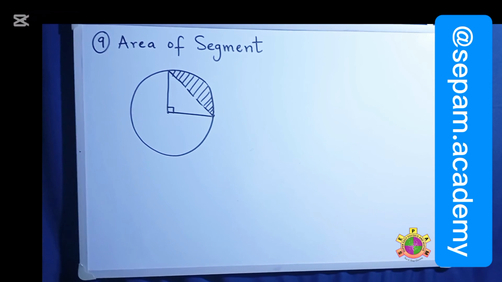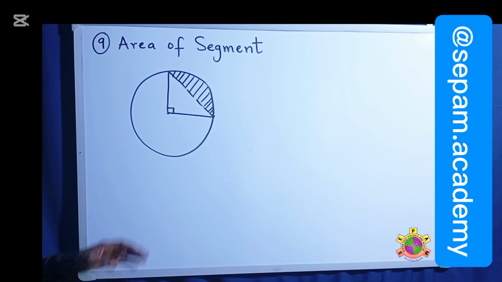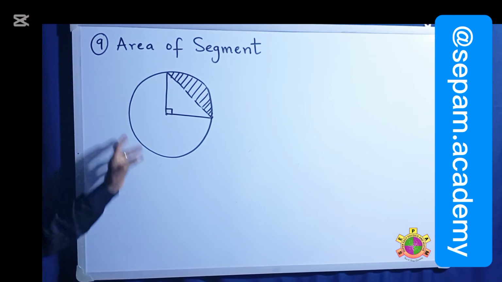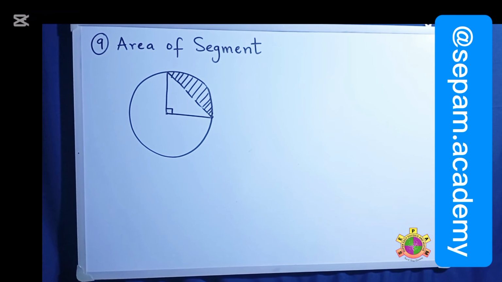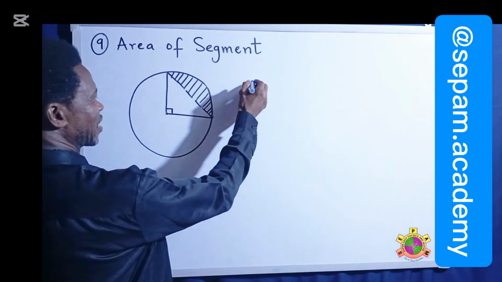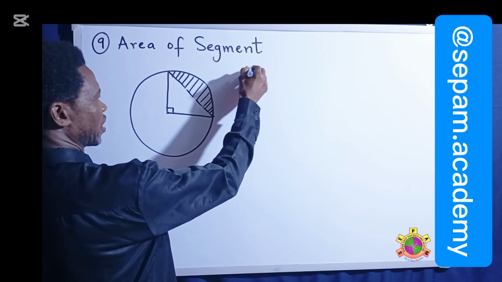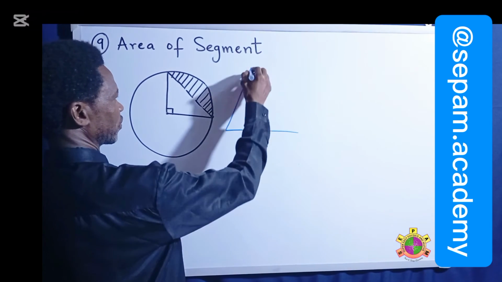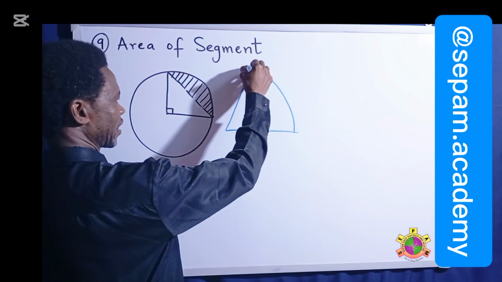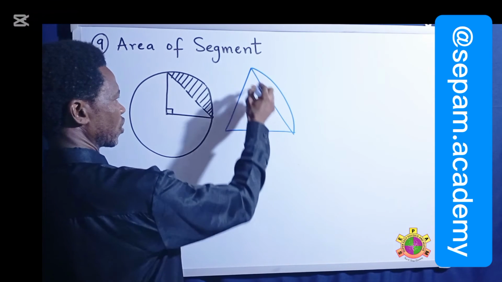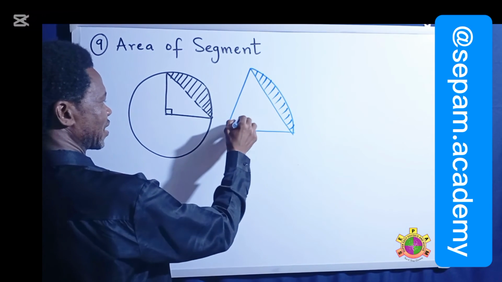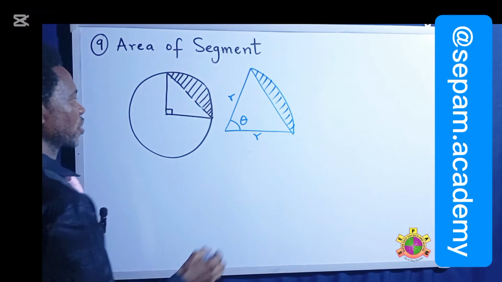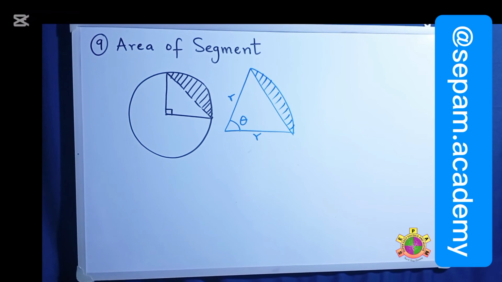So the next shape we are going to be looking at is a section of a circle called the segment, which is the shaded portion. What actually is it? If you have a sector, then you draw the chord. So this portion here, where this angle is theta and here is r, the radius of the circle, is the segment.